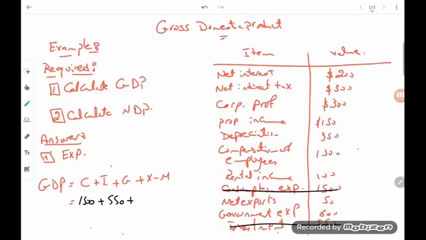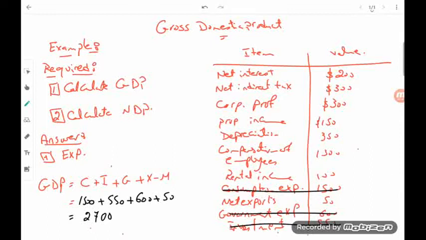Plus G, which is 600. And finally, net exports, which is X minus M, it's 50. So the final answer will be $2,700.